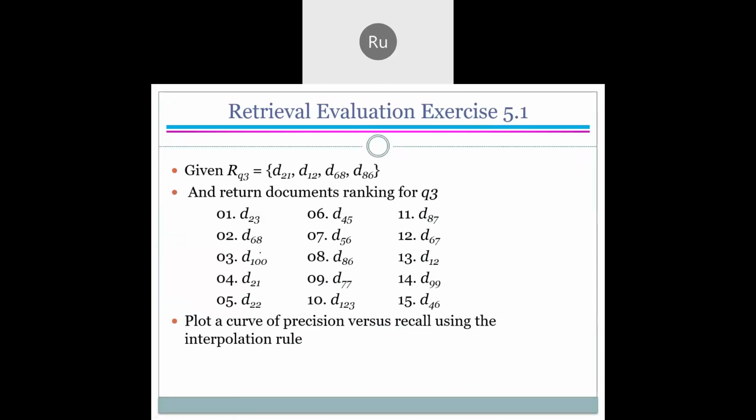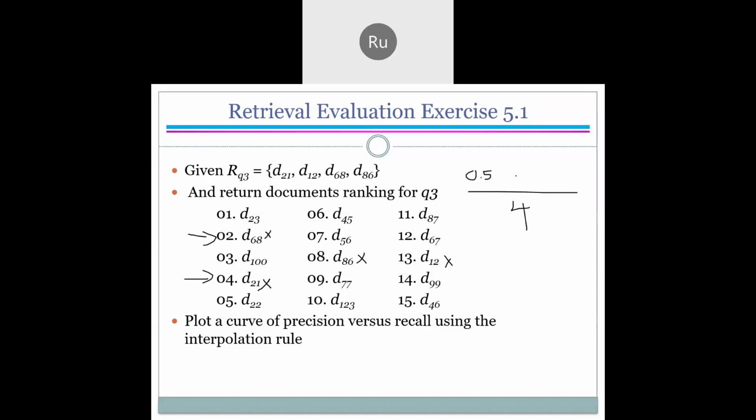We have four documents that we have. So 1, 2, 3, 4. So what is the precision here? The precision here is 0.5.